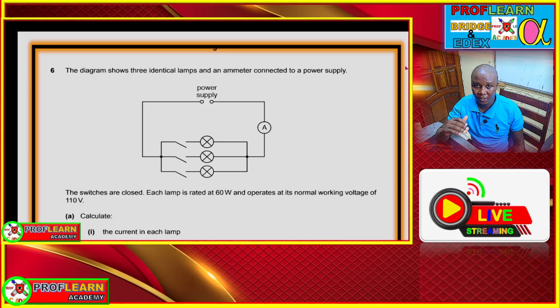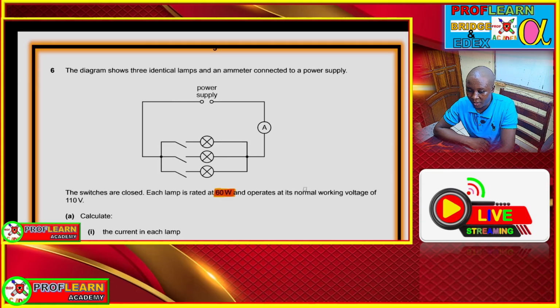In a parallel circuit, voltage is the same, but current is shared. So we are told that the switches are closed. Each lamp is rated at 60 watts and operates at its normal working voltage of 110. We are supposed to work out the current of each lamp.